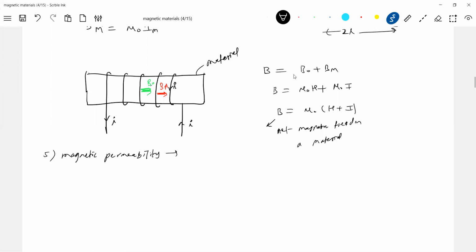How much a material will permit itself to get magnetized. It's a measure of the ability of a substance to get magnetized, or how much magnetism it will permit inside that material. That is nothing but called magnetic permeability.